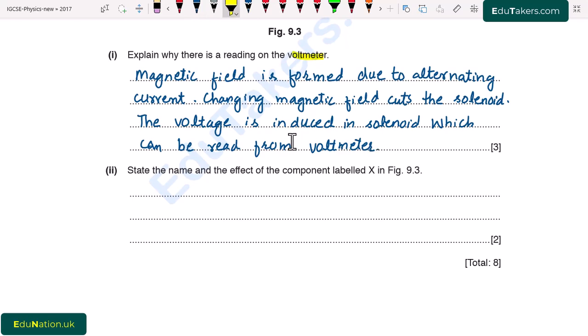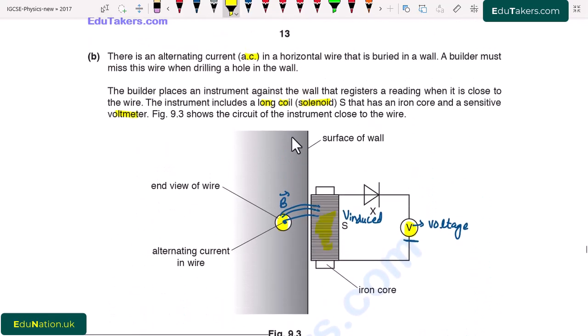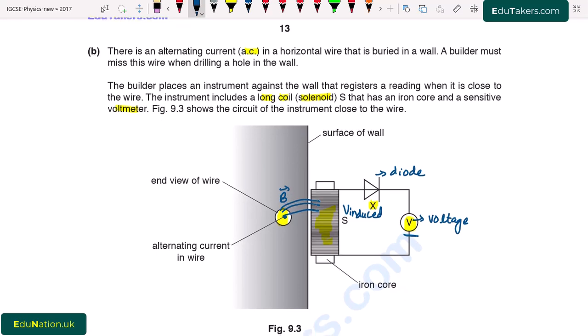Part 2. State the name and the effect of the component labeled X in figure 9.3. So here is figure 9.3 and there is a component X. We have to tell the name of this component. This component is basically a diode and it is used to allow flow of current in one direction only.